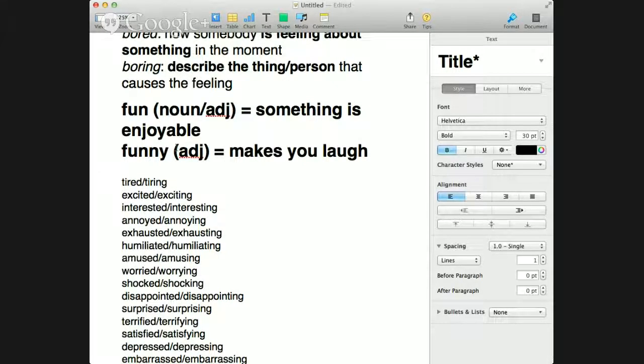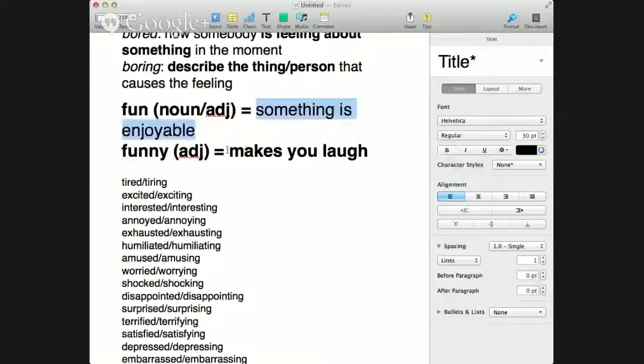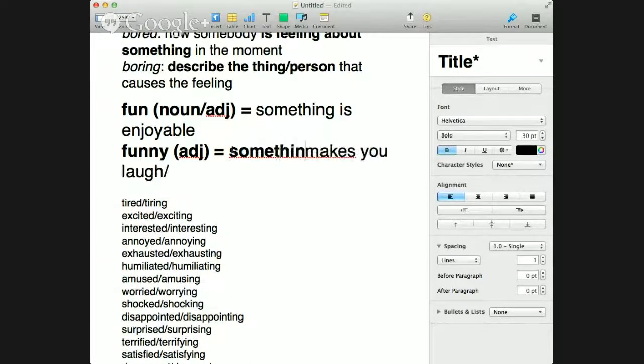So it's quite straightforward, but it is difficult to remember. Just don't forget that we don't use this one if we mean enjoyable. So you can't say, oh, I had a funny weekend. If you say that, funny takes on a slightly different meaning. So apart from the fact that it could mean to make you laugh, it also has another meaning. Does anybody know what that meaning is? No. I'll give you an example.